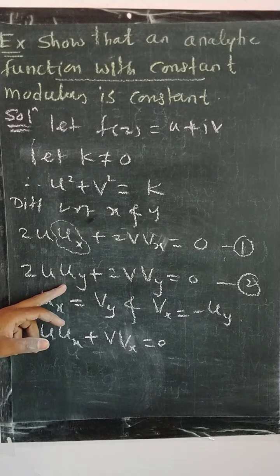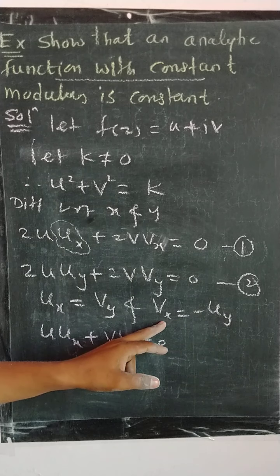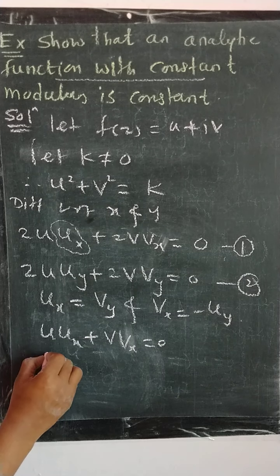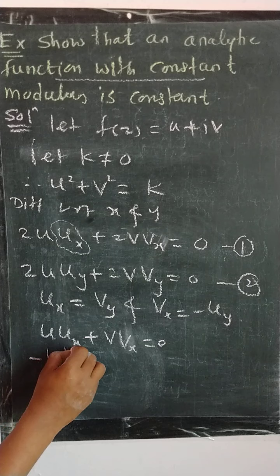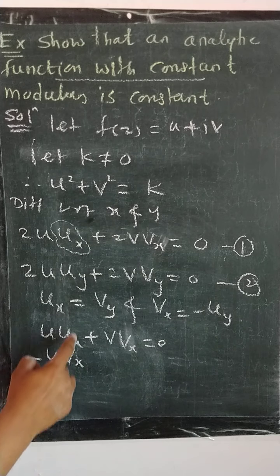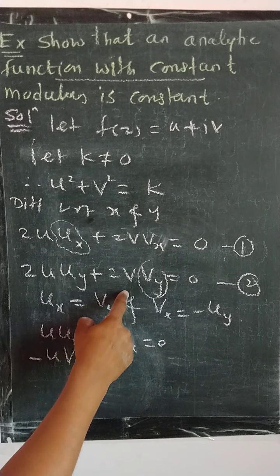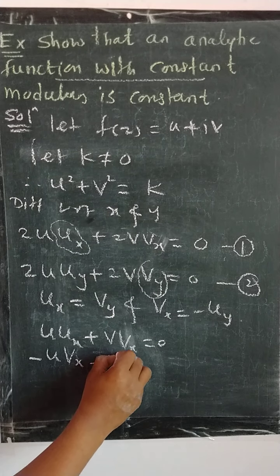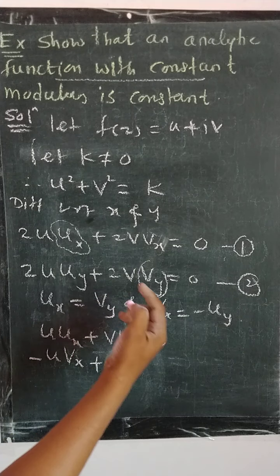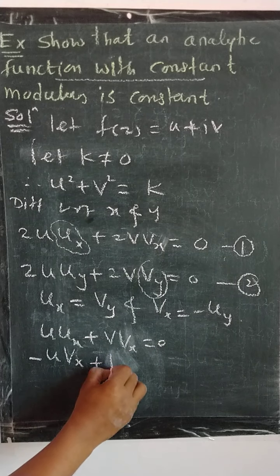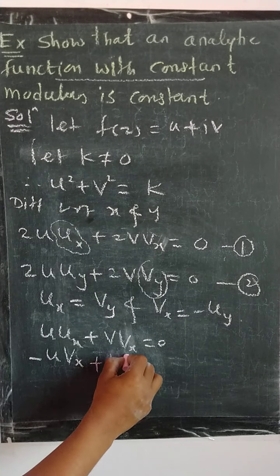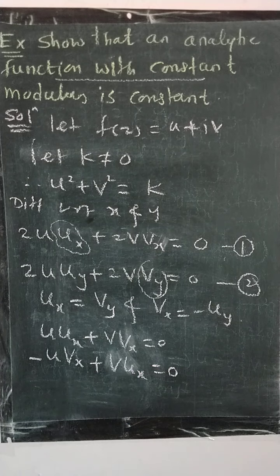So since uy is equal to minus vx, this will be minus u vx, and vy is equal to ux, so that will be plus v ux is equal to 0.